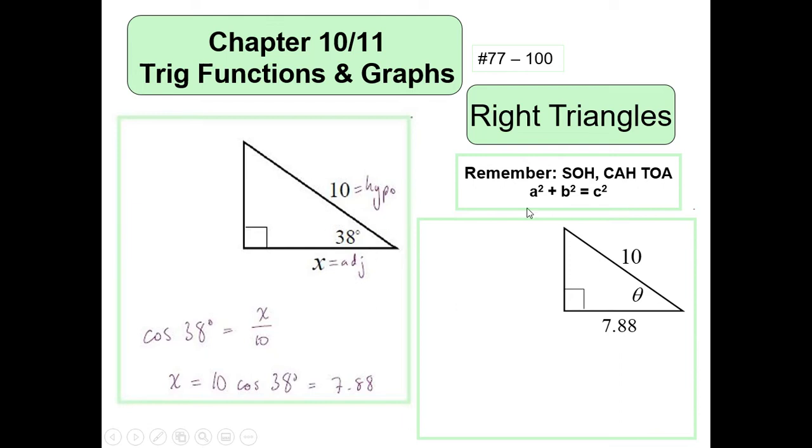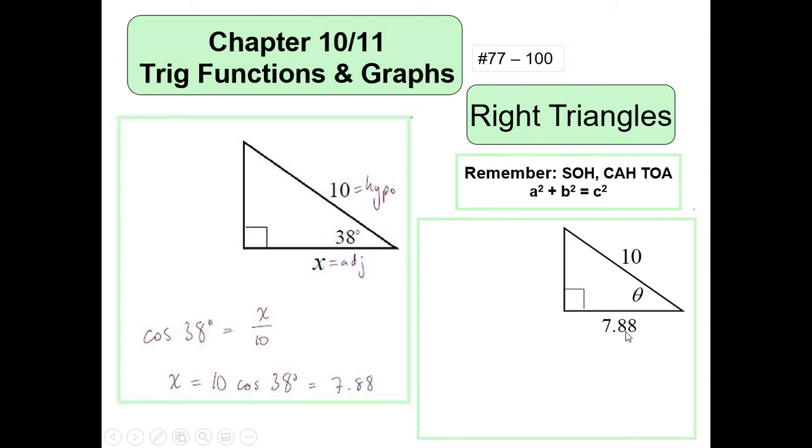Adjacent over hypotenuse is the cosine value. So cosine of 38 equals x over 10. Using my calculator, that equals approximately 7.88. You might want to try these on your calculator to make sure you get the same answers.